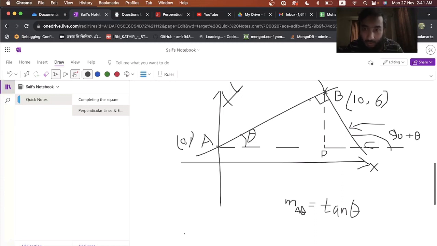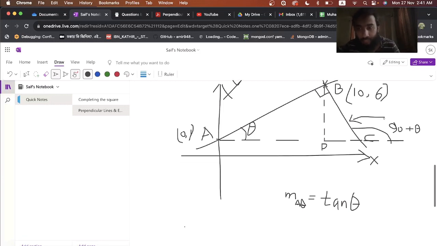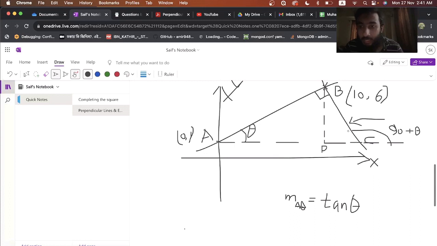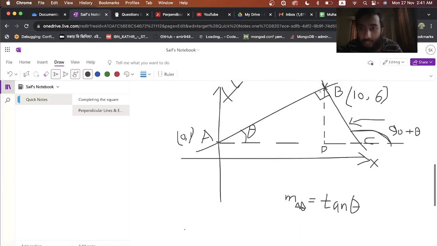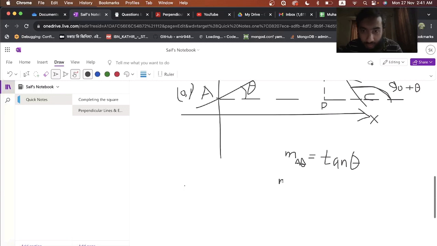If this is a triangle, which it is, then this angle is 90 plus theta. And if you notice well, this angle is actually the slope angle of this perpendicular straight line, right? So I have to find the slope of BC. The slope of BC is what? Tan of 90 plus theta.